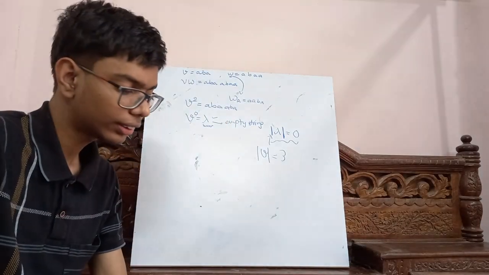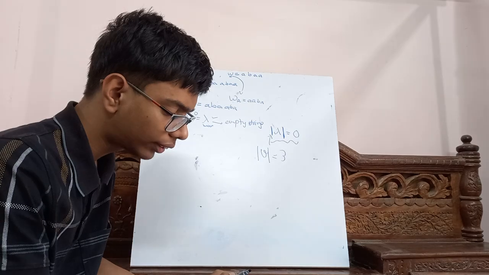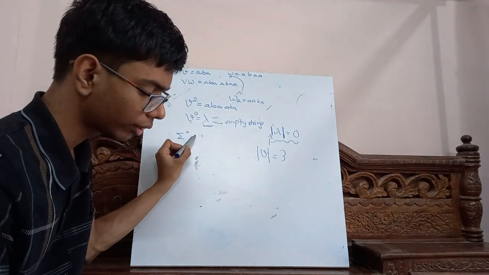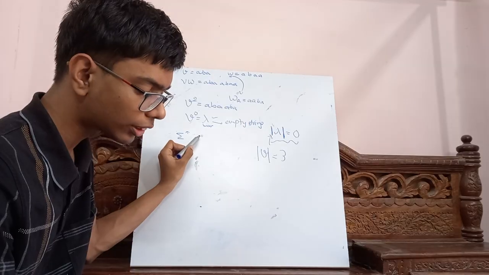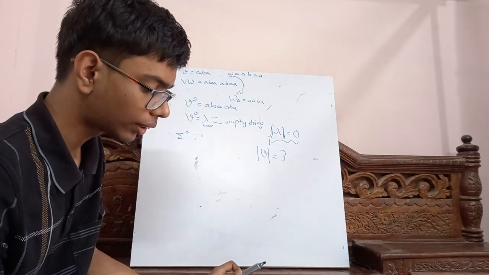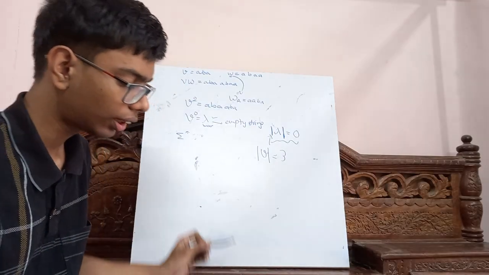Moving on, definitions of formal language. So, what is sigma star? Sigma star is the set of all possible strings you can form using symbols in sigma, that is the alphabet, including the empty string. Right.